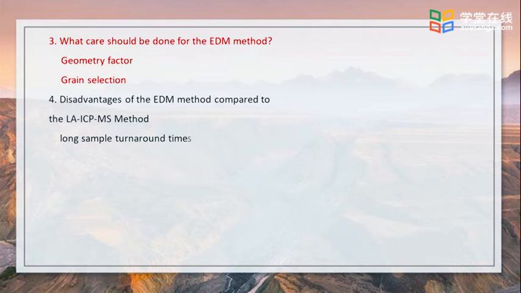The most significant disadvantages of the EDM compared to the LA-ICP-MS method include the very long sample turnaround times, typically months, neutron irradiation, and laboratory safety issues arising from handling radioactive materials.